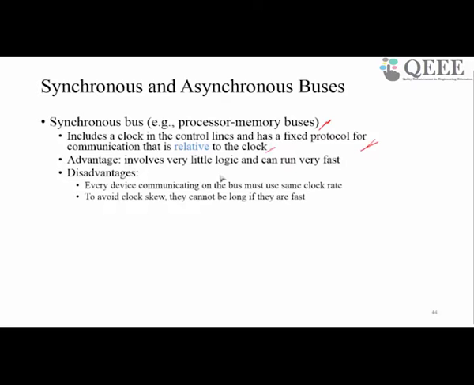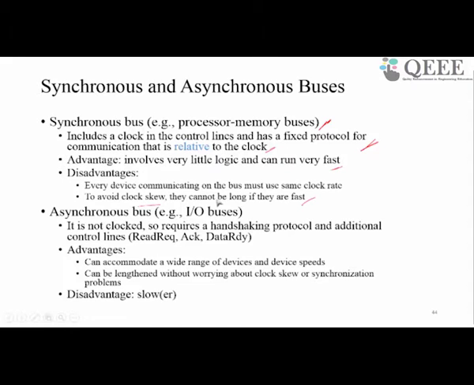So the relative timing of when the transfer will occur is implicit. It is advantageous because very little logic is involved and it can run very fast. But every device that has to communicate should run at the same speed as the master clock, and to avoid the clock skew problem, they have to be close by. That is the disadvantage of the synchronous bus.